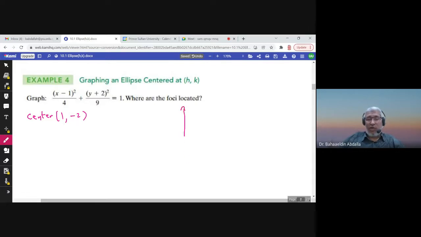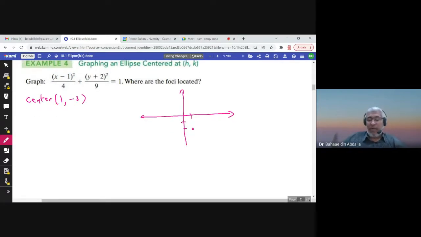And we go ahead and plot the center. So this is 1 and this is negative 2. So here is the center of this ellipse. And now, as we did in the previous video, we look below x. What do we have? 4. We take the square root of 4, 2 units, and we go from the center 2 units to the right and 2 units to the left.